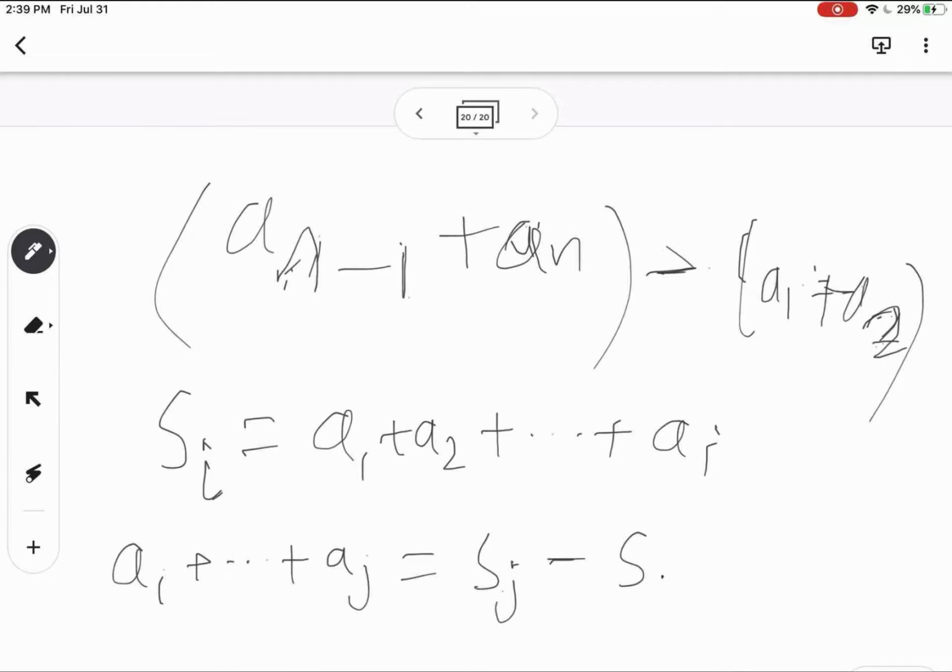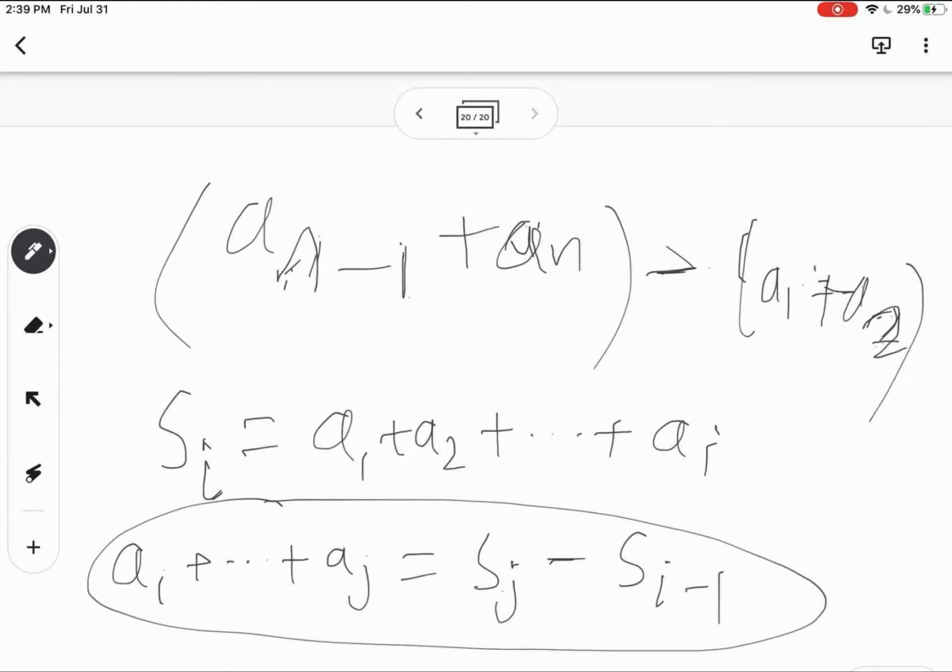This is very nice because we can express all of our sums as the difference between two S's. These are called partial sums.